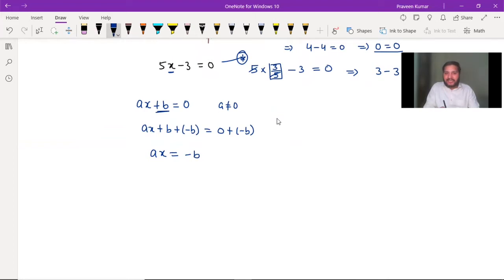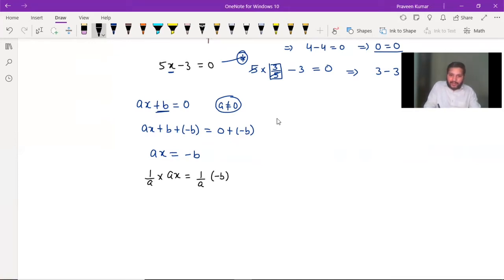Now since a is not equal to 0, as I have mentioned above, the multiplicative inverse of a exists. So I can multiply both sides by 1 by a, which is the multiplicative inverse of a. So it will become 1 by a times ax is equal to 1 by a times minus b.